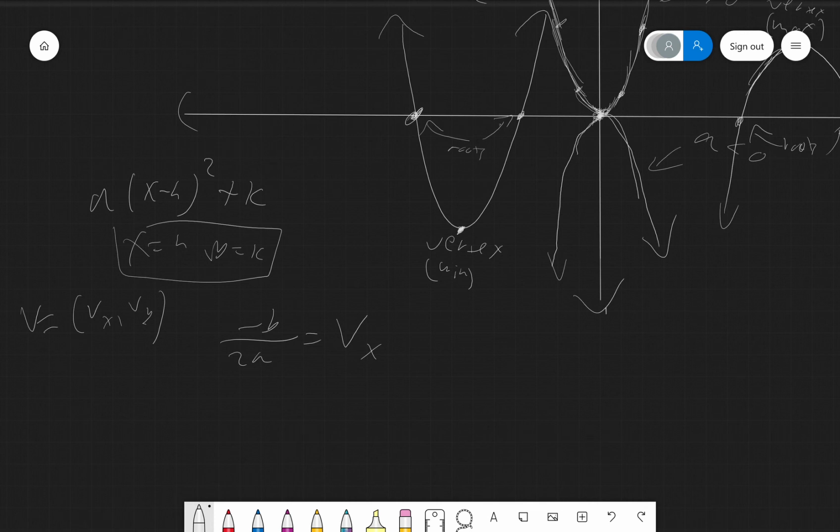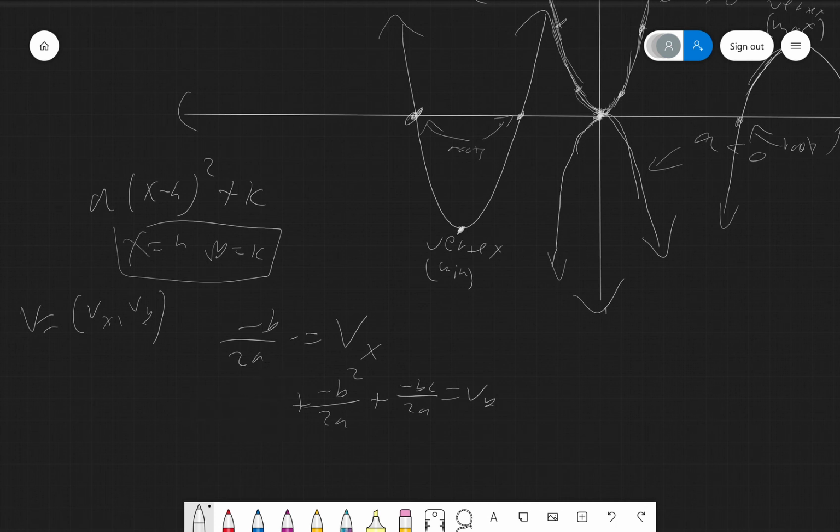So we'd have a times negative b over 2a squared plus negative b squared over 2a plus negative bc over 2a is equal to vy. We can expand this, right?